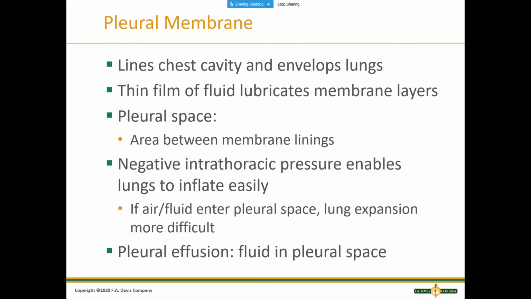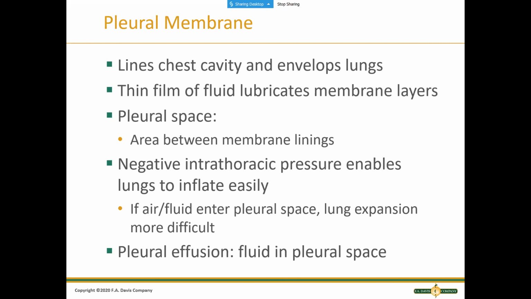As far as basic anatomy and physiology go, your lungs are lined with a membrane called the pleural membrane. It lines the chest cavity on the inside of your ribs, and it also lines your lungs themselves.